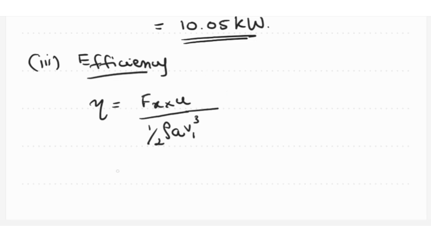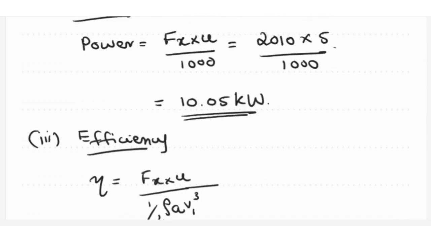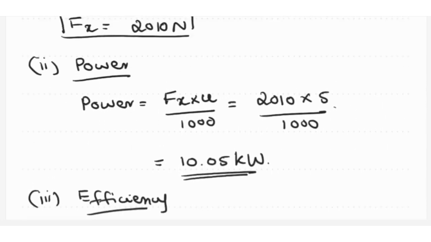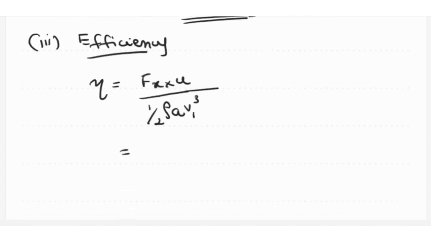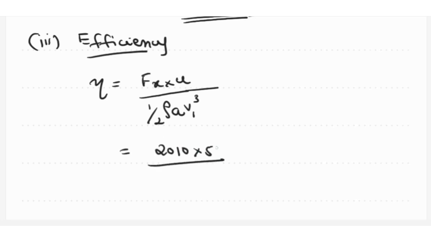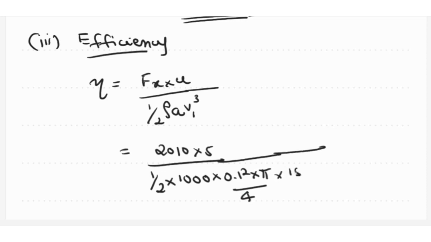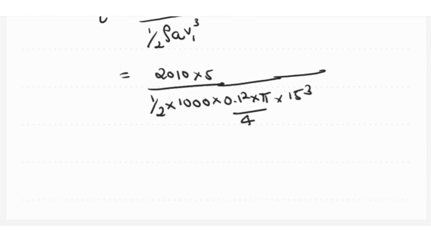If you substitute the values, Fx into U, that is 2010 into U is 5, divided by half into 1000 into area 0.1 square into pi by 4 into V1 cube, that is 15 cube.